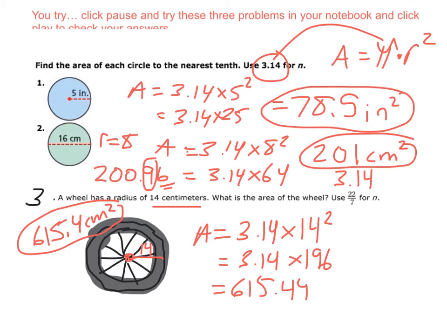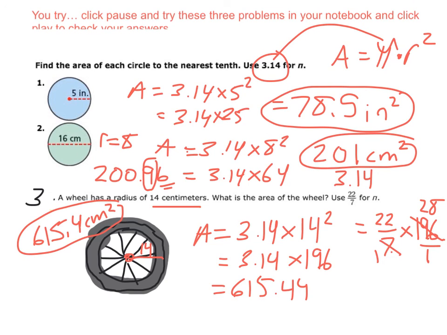If I used 22 over 7, I would have been able to reduce because 7 goes into 196. So A equals 22 over 7 times 196, which is 14 squared, you could cross cancel. 7 goes into 196 28 times, and it goes into itself once.